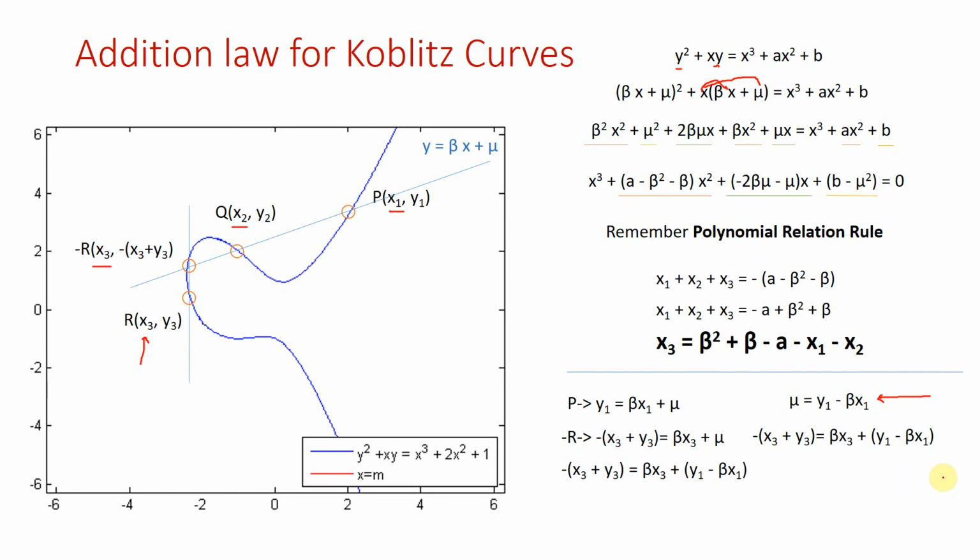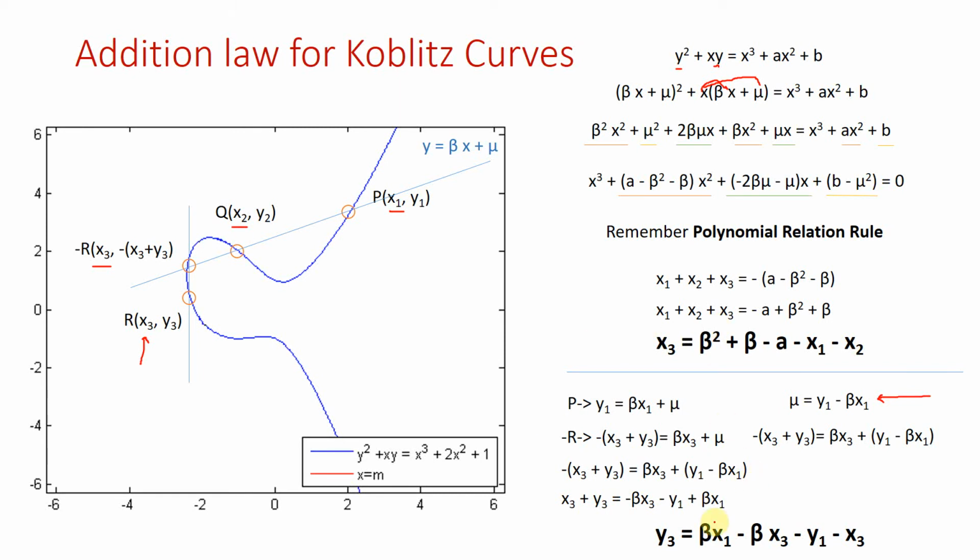Actually, this is almost equal to the previous term, and I will reflect this minus sign into the right side, and x3 plus y3 is equal to minus beta times x3 minus y1 plus beta times x1. And I actually wonder the value of y3 because x3 is already calculated in the previous step.